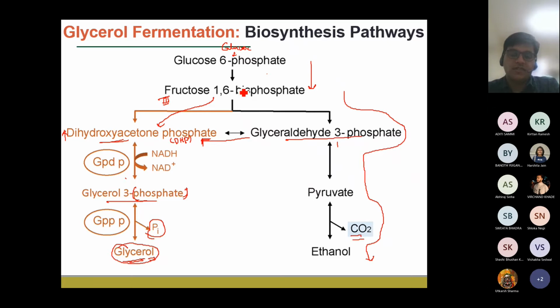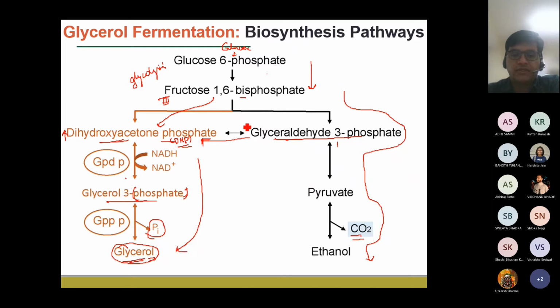So this is a very simple pathway compared to the ABE fermentation, where at step 3 of the glycolysis cycle, fructose 1,6-bisphosphate or glyceraldehyde 3-phosphate is converted into DHAP.